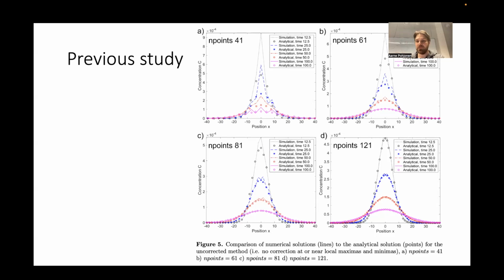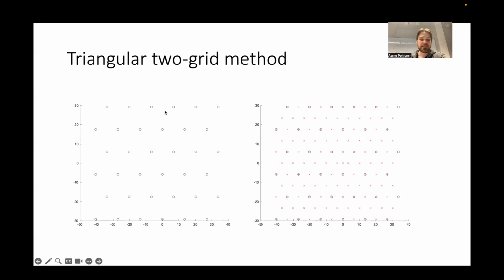But this current study takes this idea further, and I use an interpolating grid. What this means is that first we have this triangular grid, and then I use interpolation points between each line of the triangle.